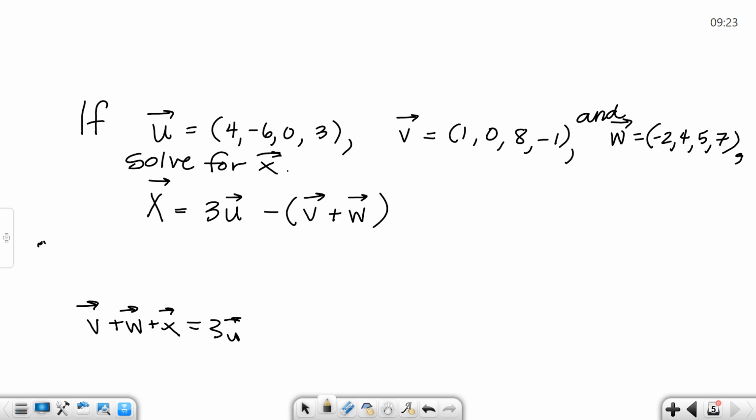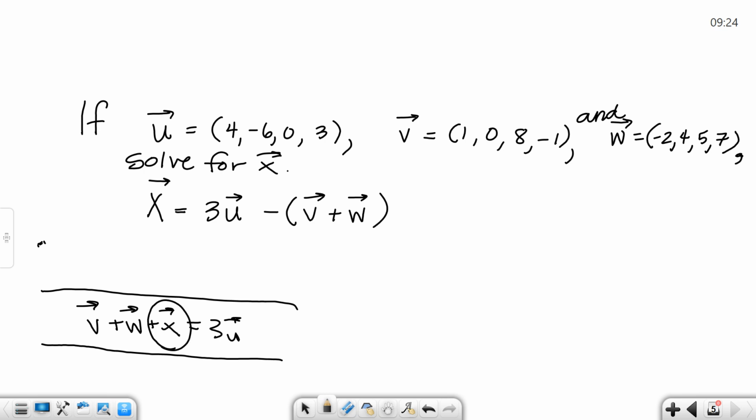But in this particular case, x was already on a side by itself. But sometimes in your homework or in the textbook, it may give you a vector equation that looks like this at the bottom, and you're like, ooh, x is right there in the middle. So it may be that you have to physically solve and get x by itself first and then do your math. But really, there's no wrong way to do it.